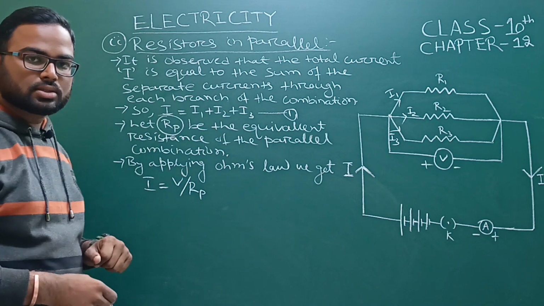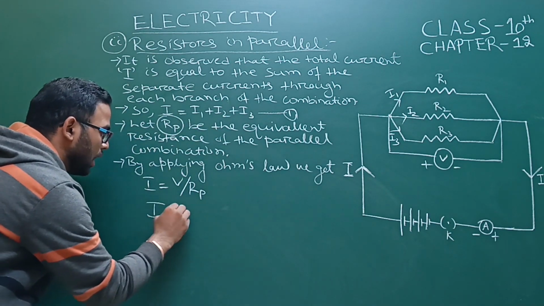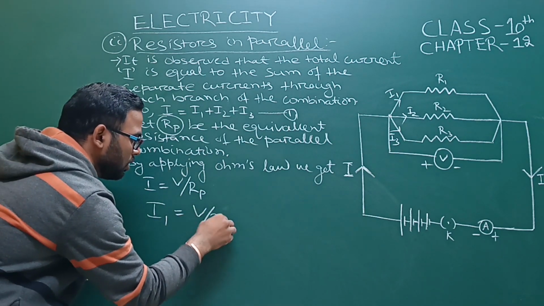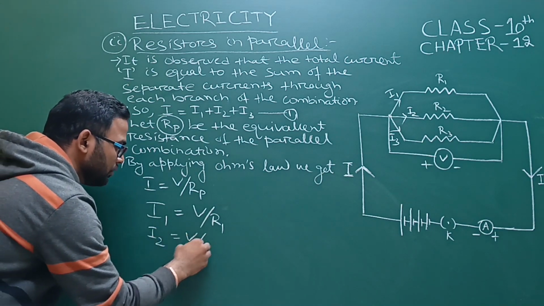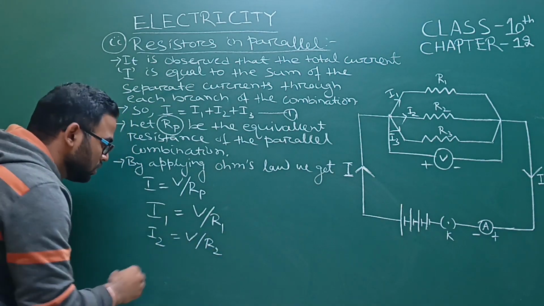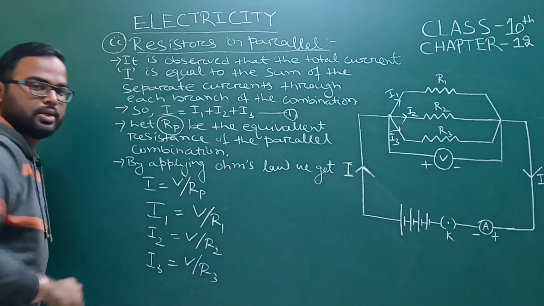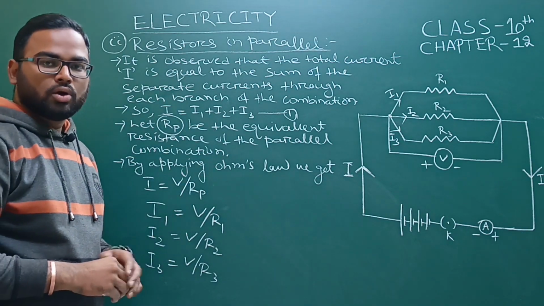For each resistor, if you calculate the current, I1 equal to V by R1, I2 equal to V by R2, and I3 equal to V by R3. If I put these values in equation 1, what will we get?